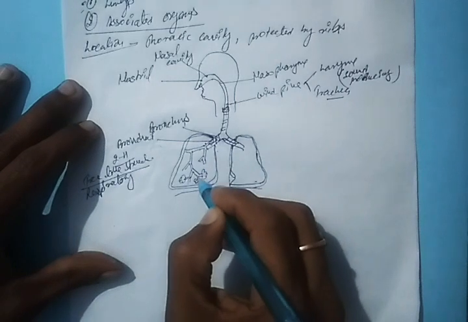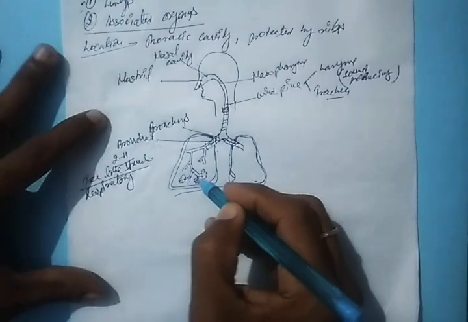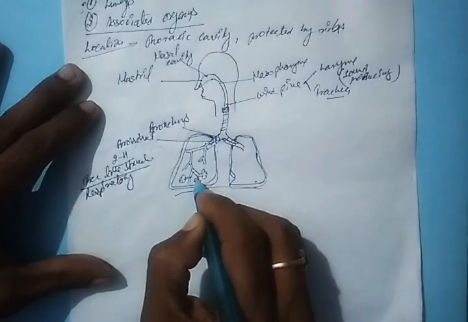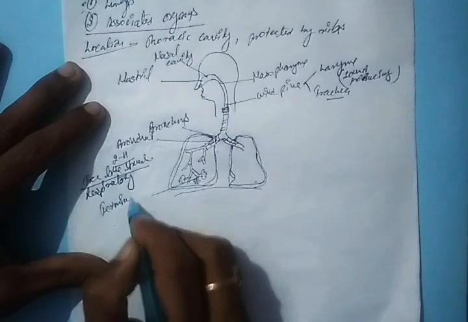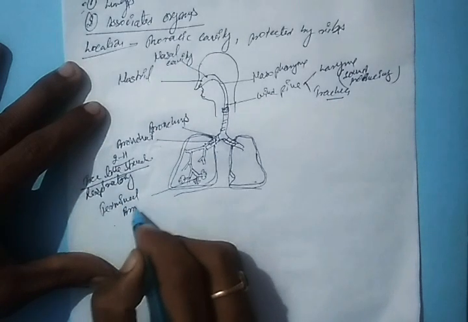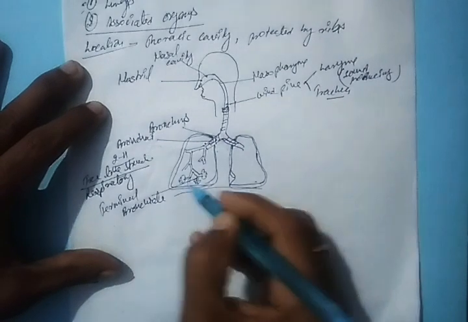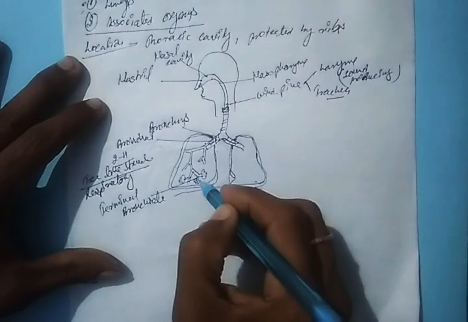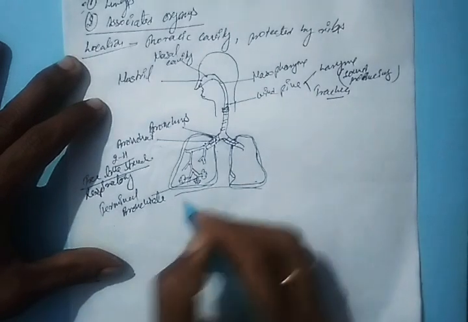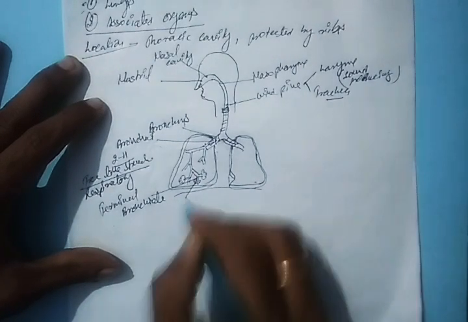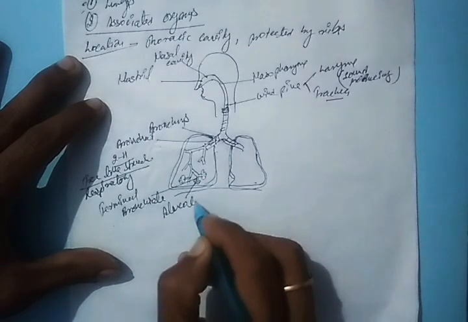The end point of the bronchi is called terminal bronchioles. Bronchioles enter into a balloon-shaped structure that is called alveoli.